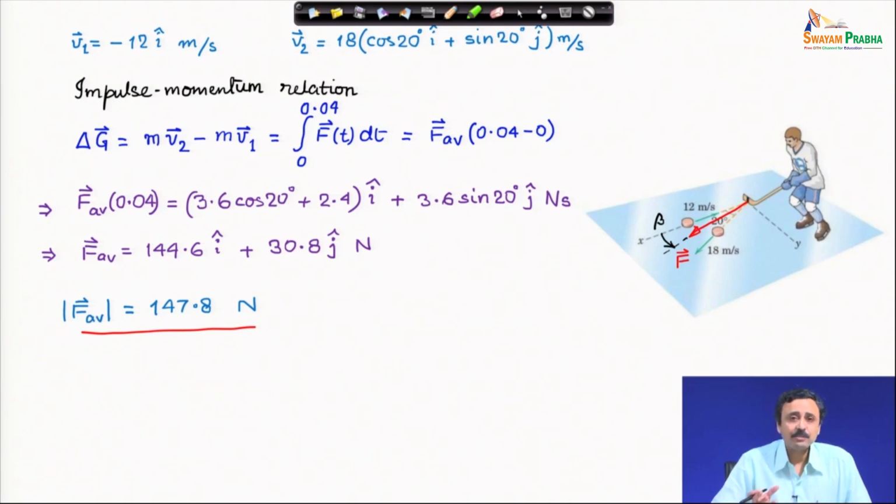You can imagine 15 kg hitting for 0.04 second, and that is the amount of force. You can feel the force by holding a 15 kg block, and that has acted for 0.04 second, that much force to change the direction of the puck and actually impart it a higher velocity.